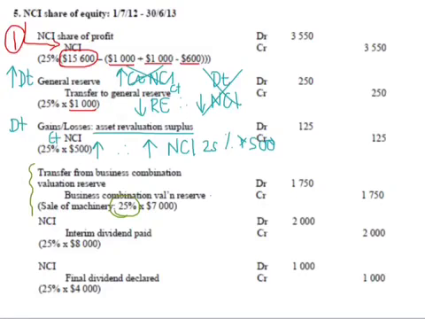The last two transactions for the current year relate to the dividend that was paid, the interim dividend, and the final dividend declared. Now, any dividends paid and declared represent a reduction in the equity of a shareholder because it's a distribution of equity to the shareholder. So as the dividend is paid, the NCI has to reduce.